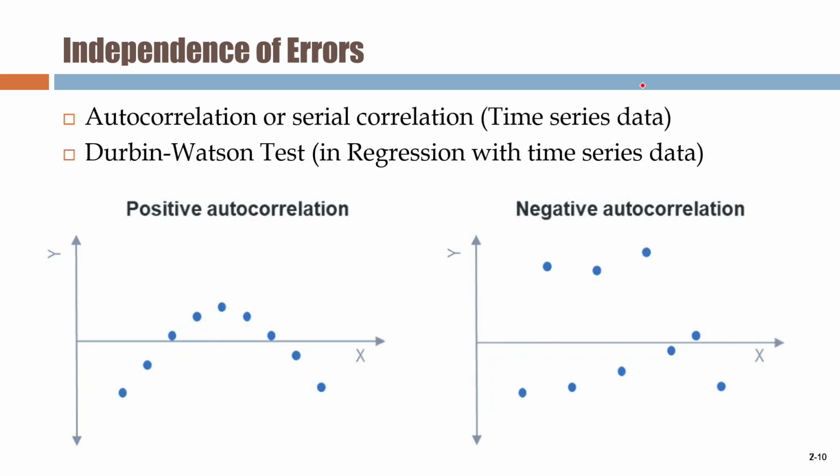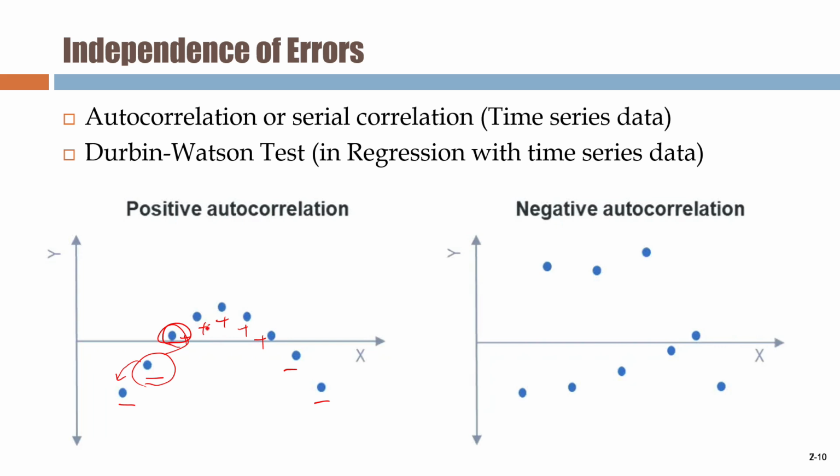Independence of error is what we call autocorrelation. Autocorrelation is correlation with itself. So this is a minus, minus, this is plus, plus, plus, plus, plus, minus, minus. There is a high probability that the sign of your value will be the same as your previous value. It is not always true, but high probability.